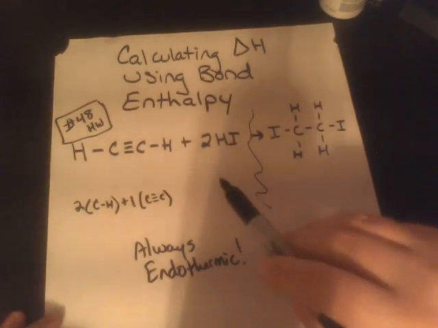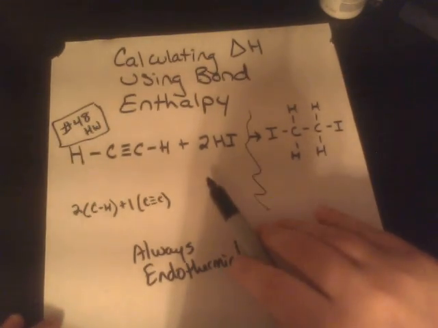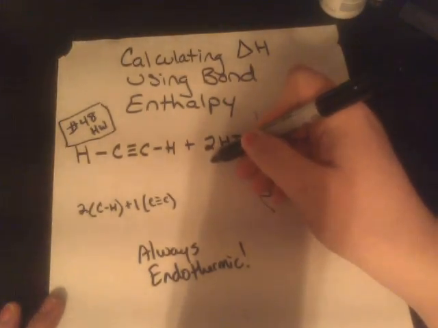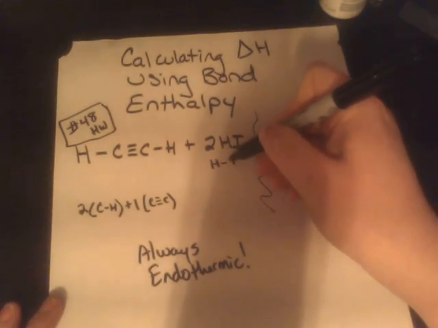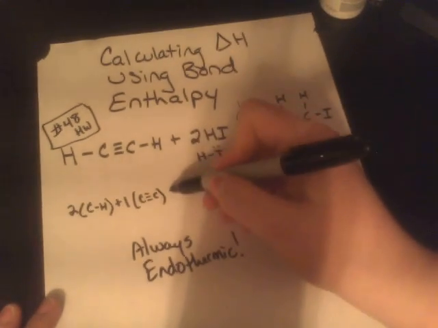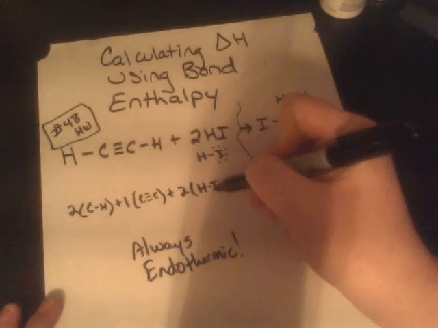What else do we have on the reactant side? We have 2 of the H-I bonds. I haven't done a Lewis structure video yet, but you'll see that it's a single bond because it's H bound to I. So we have 2 of those.